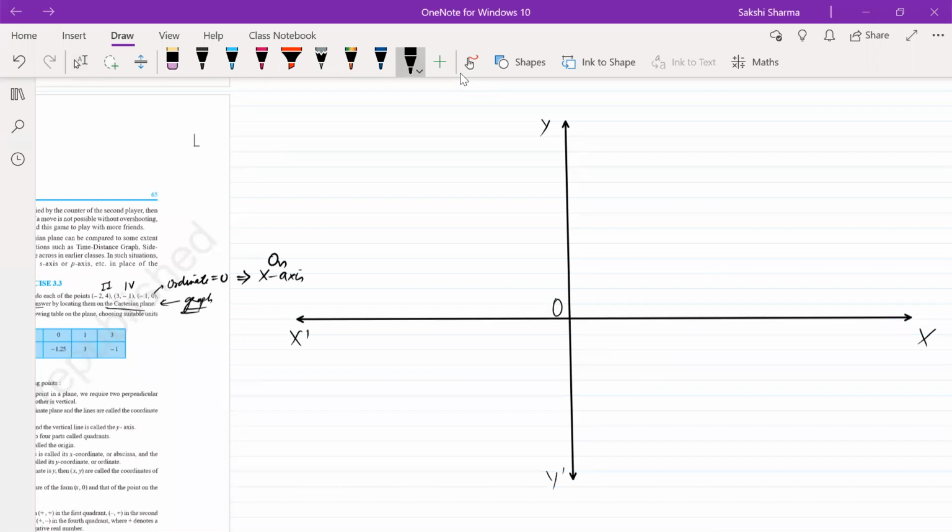So right now we are working with 1 unit length equals to 1. -5.